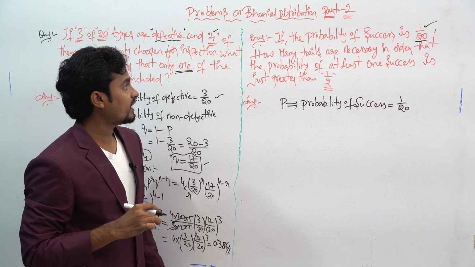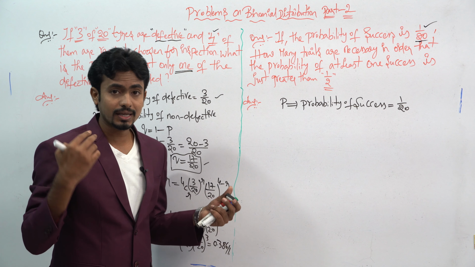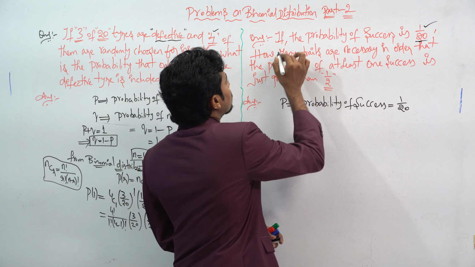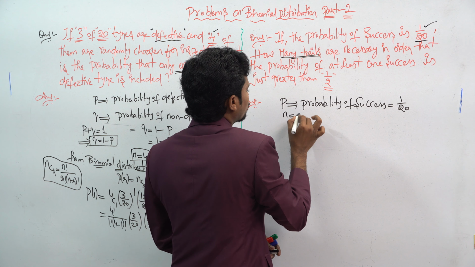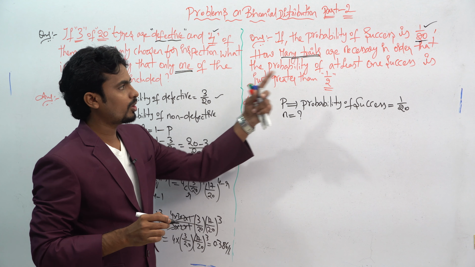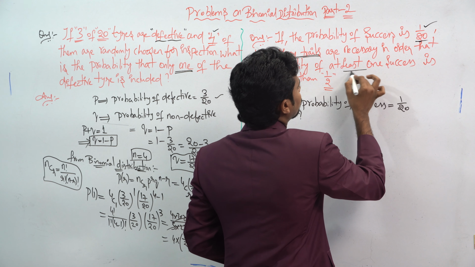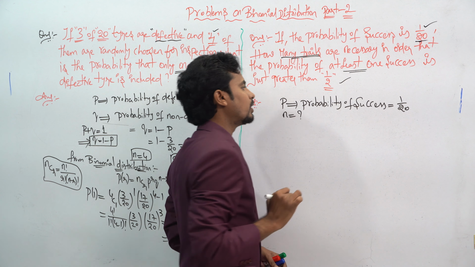Next, how many trials are necessary? Trials means n, so we have to find n. How many trials are necessary in order that the probability of at least one success is greater than 1 divided by 2?